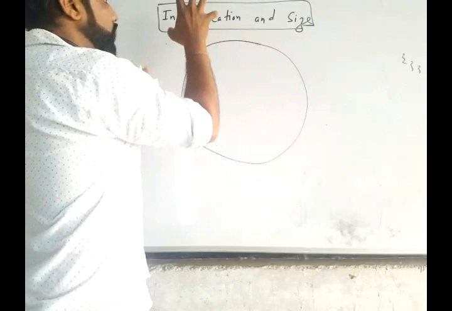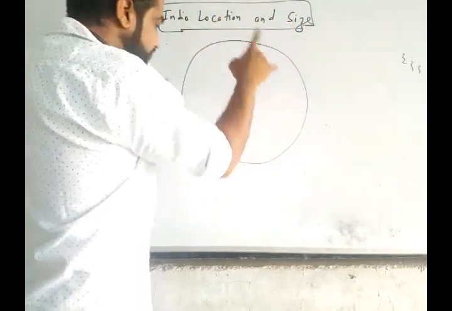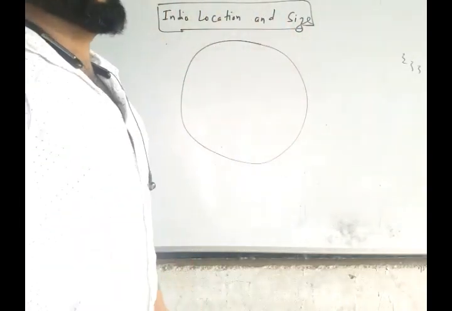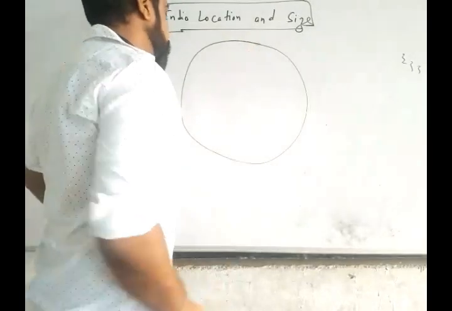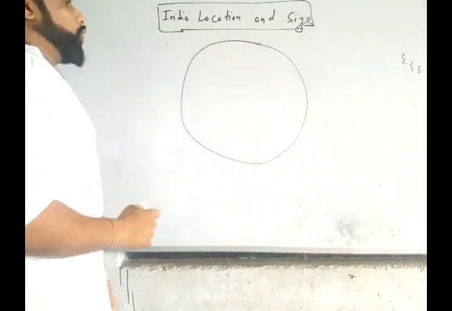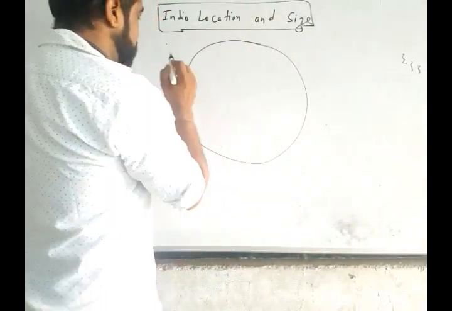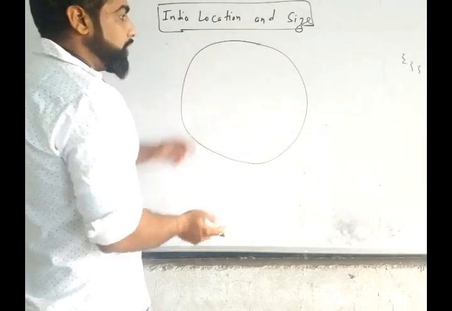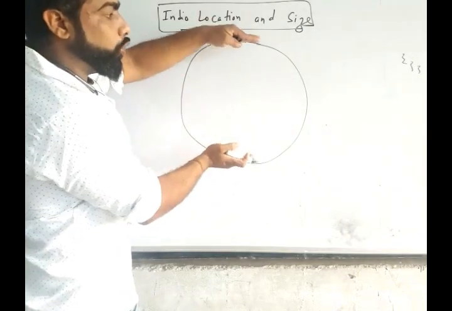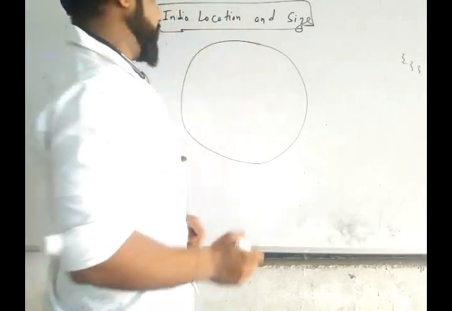First, for the locations and the size, we just draw a globe, and on the globe there is an important thing which divides this globe into two equal parts.